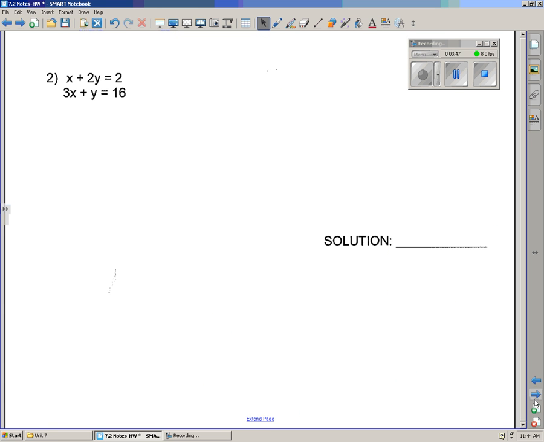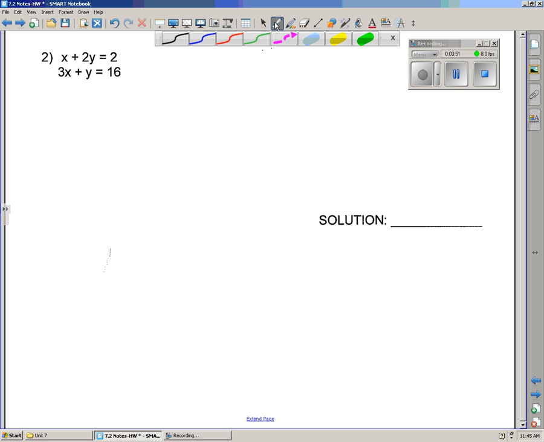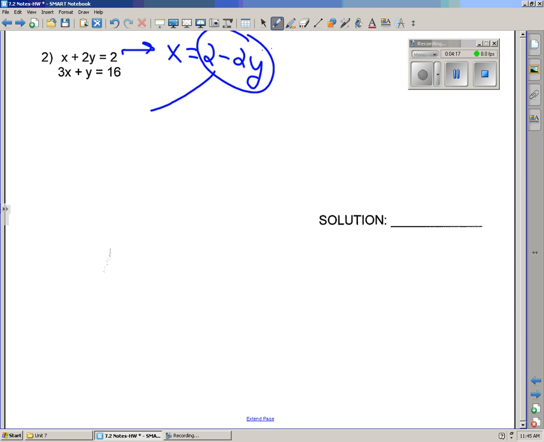Next one, neither equation is solved for a variable. So if we wanted to, we could solve the first equation for x, or we could solve the second equation for y. You need to pick what you want to do. I'm going to go for the first equation. If I solve this first equation for x and subtract 2y on both sides, x equals 2 minus 2y. Now I'm going to substitute what x is equal to into the other equation for x.